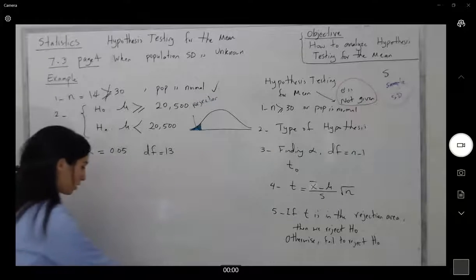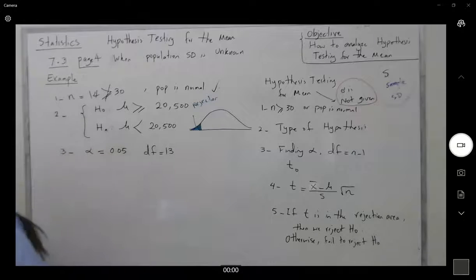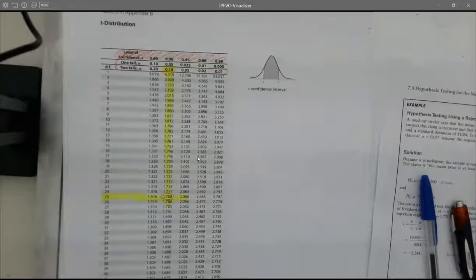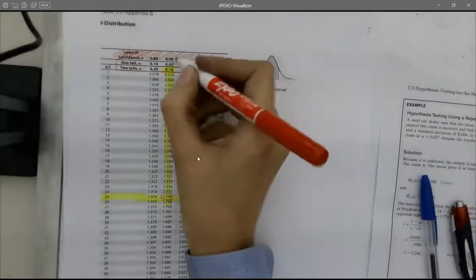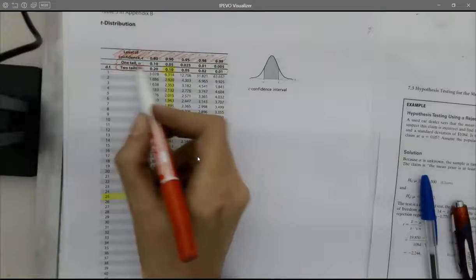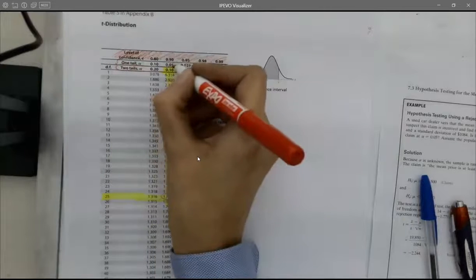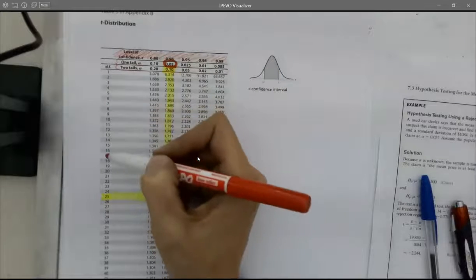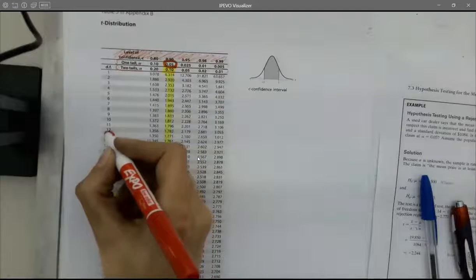Okay. Let's take a look at our t-table. My alpha is 5%, and it's a left tail. So 5%, one tail, and the degrees of freedom 14 minus 1, which is 13.